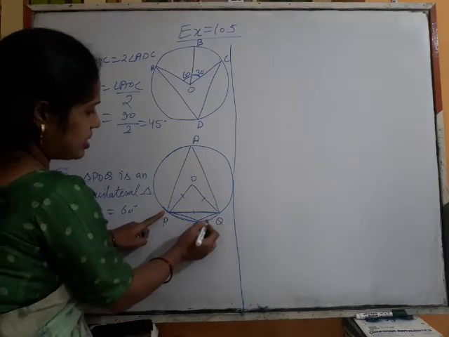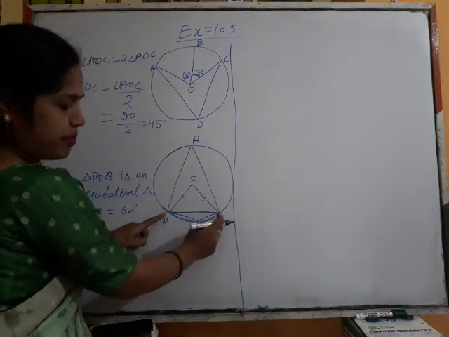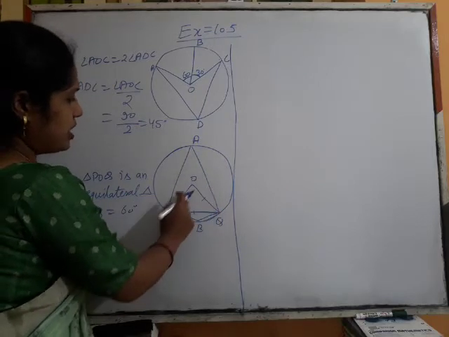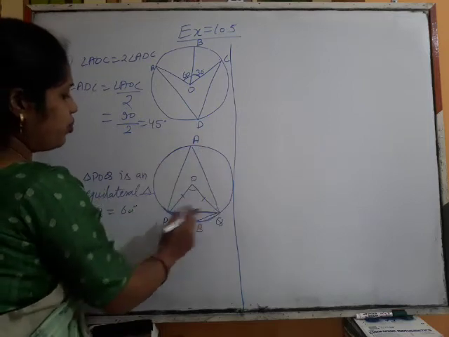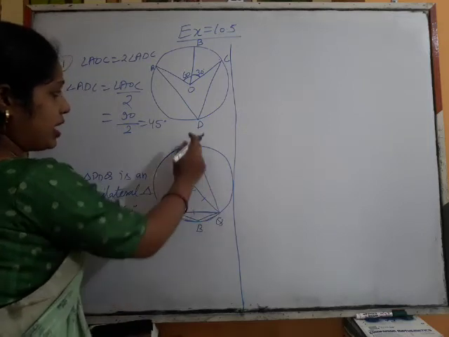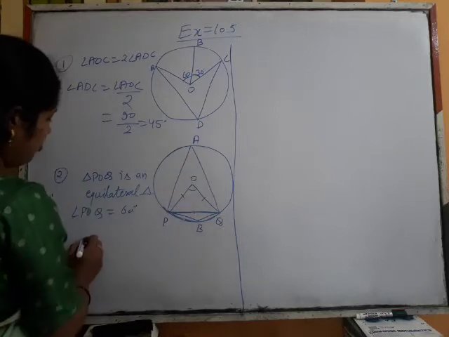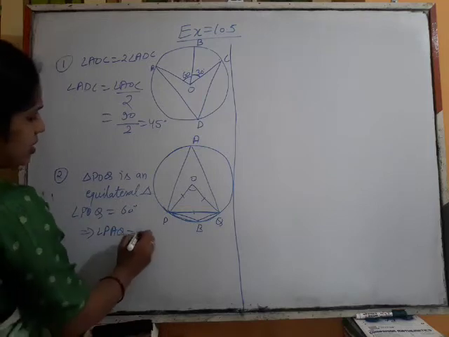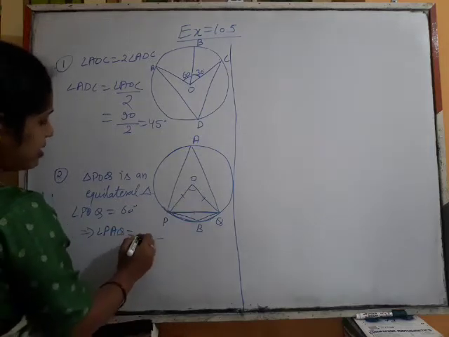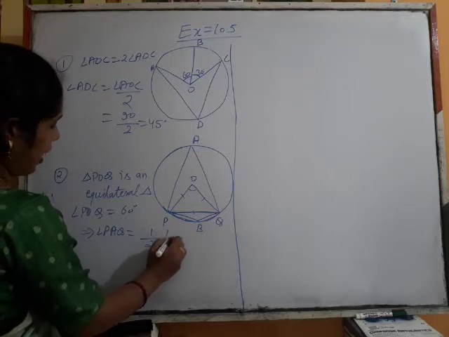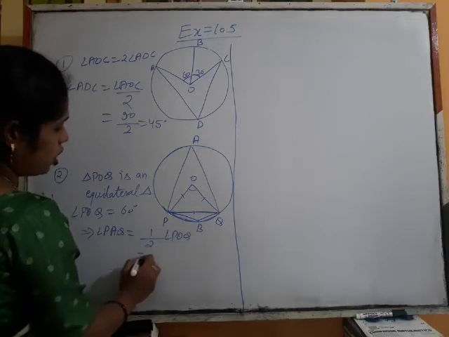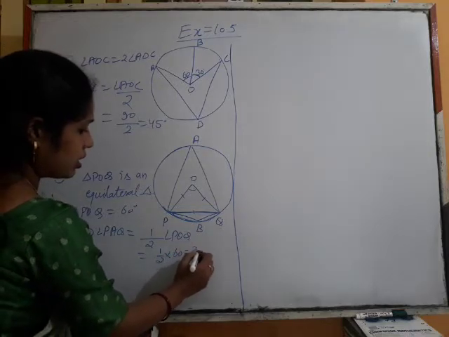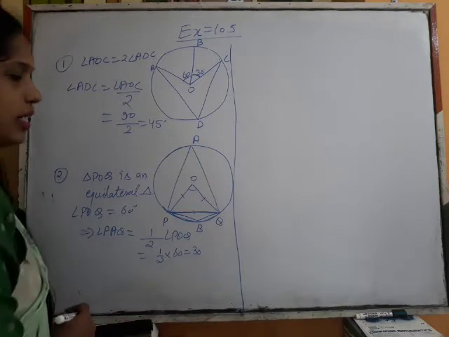If we take this as the first minor arc, this arc has subtended an angle at the center, which will be twice the angle subtended by the same arc at this point. So angle PAQ is half of angle POQ. What is POQ? 60 degrees. So it is 30 degrees, right?